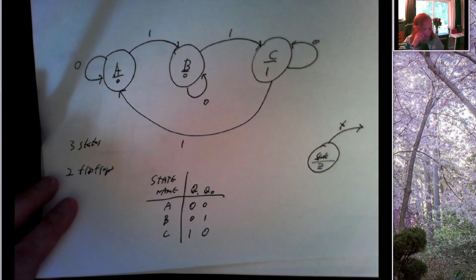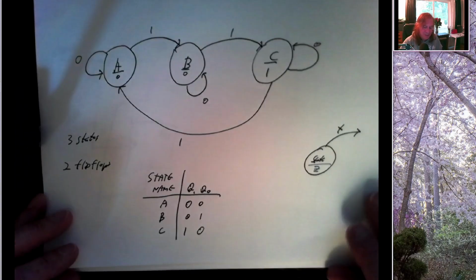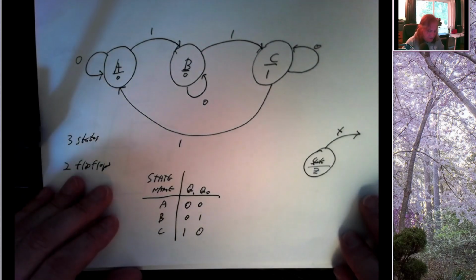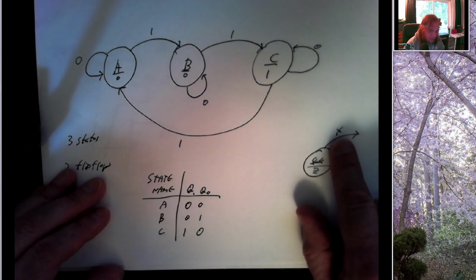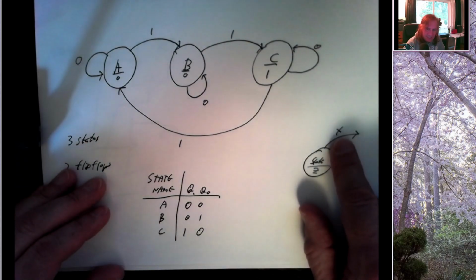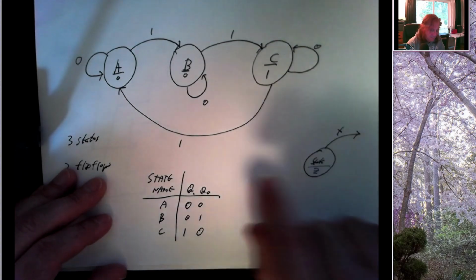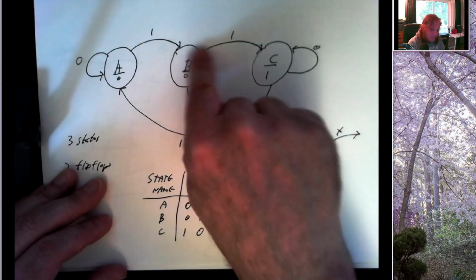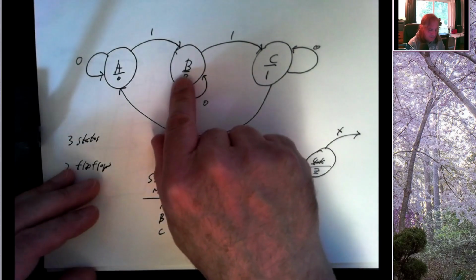And notice that in this circuit, we came up with a way to effectively stop the clock. If you take your input X and you set it to a 0, it's as if the clock has stopped, because each time the clock ticks, we just stay in the current state.